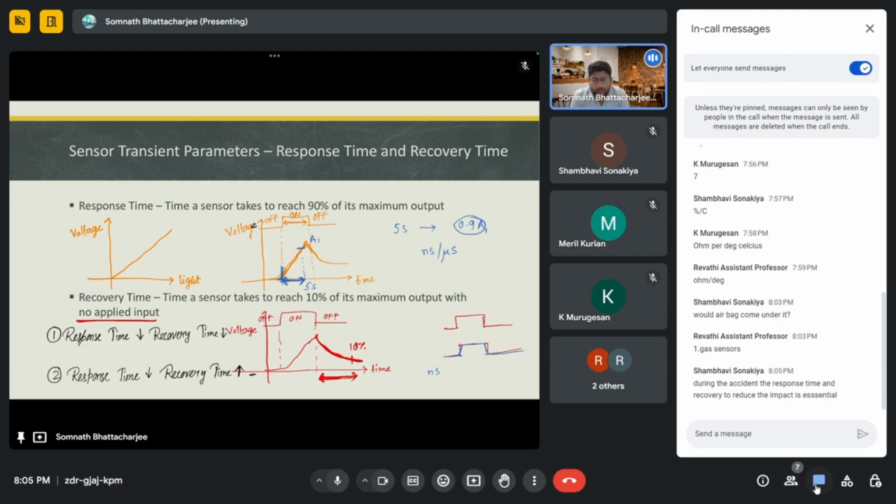Because with respect to the response time, the airbag will open, right? But why do we need the recovery time? Reduce the impact, reduce the impact of the hit, right? So can you explain the second part, like why the recovery time is needed? You are going on the right track. Others, maybe anyone want to answer?